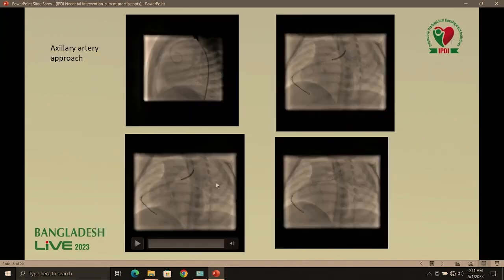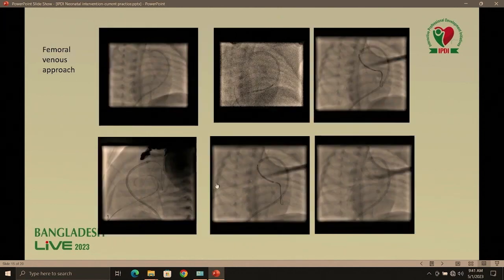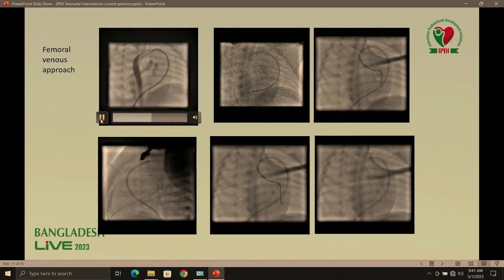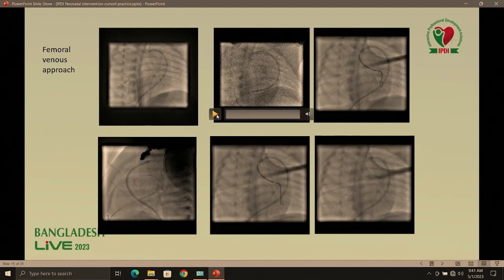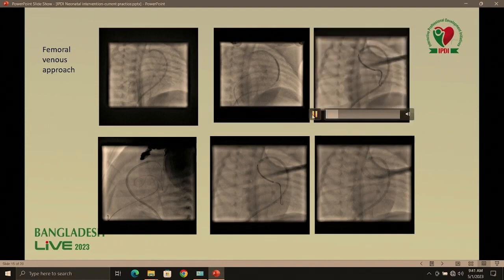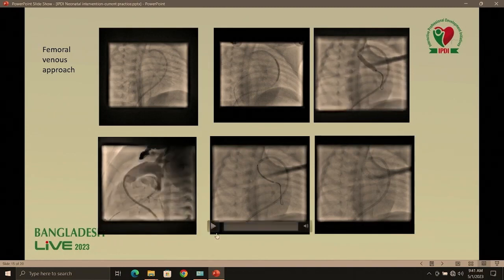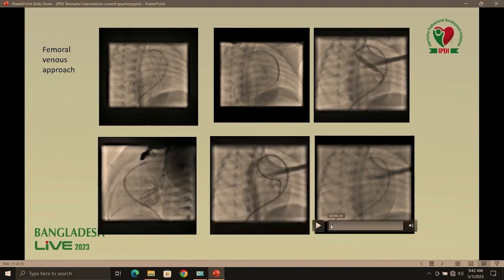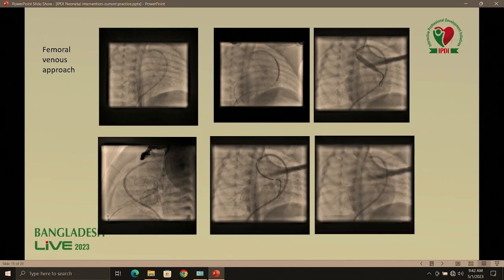Earlier we used to do the femoral venous approach, especially with pulmonary atresia patients. This is a patient where we did the ductal stenting in a vertical duct through the femoral venous approach, but this approach sometimes causes severe bradycardia and heart block, so now we are not using this procedure much.